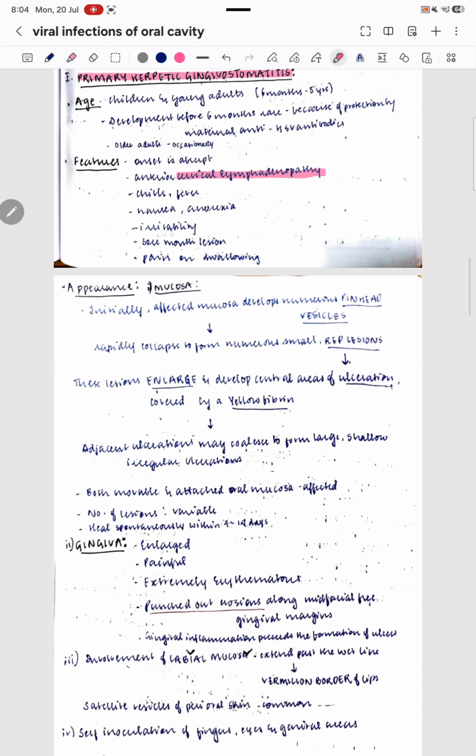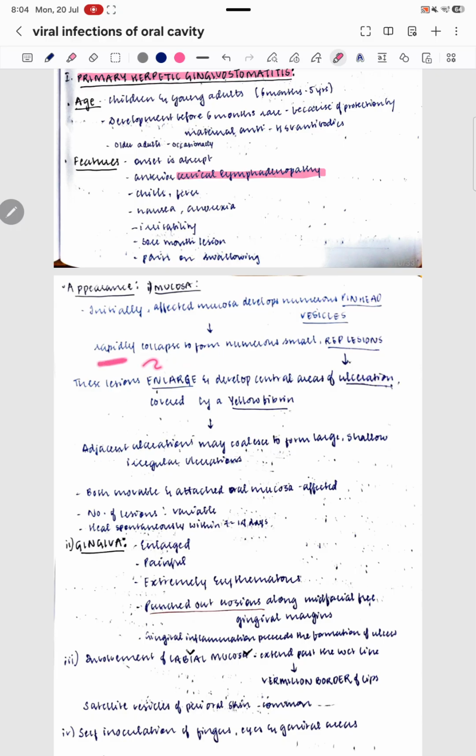Now coming to the appearance, initially it affects the mucosa. Okay, so we're talking about the appearance of the mucosa. Initially the mucosa is affected and it develops numerous pinhead vesicles.